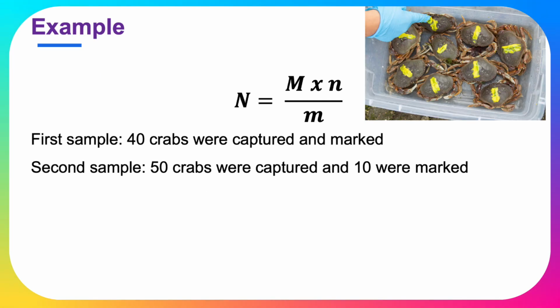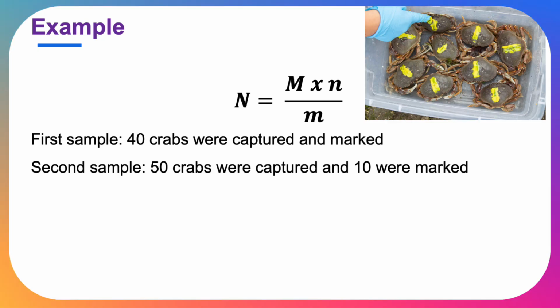So let's look at putting that into practice. We've got crabs here, and we're trying to estimate the population of crabs. In the first sample, we caught 40 crabs, which were marked. And you can see how they marked the crabs here. They released them, and the second time, 50 crabs were caught, and 10 were marked.